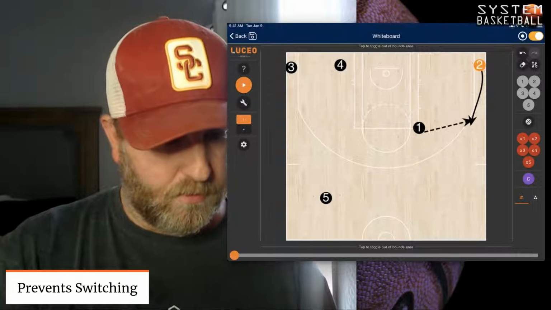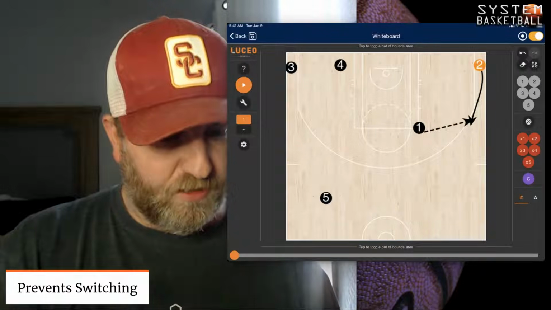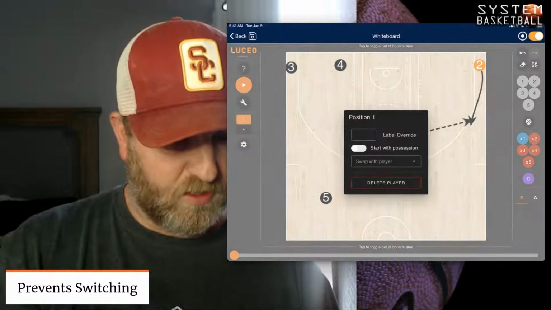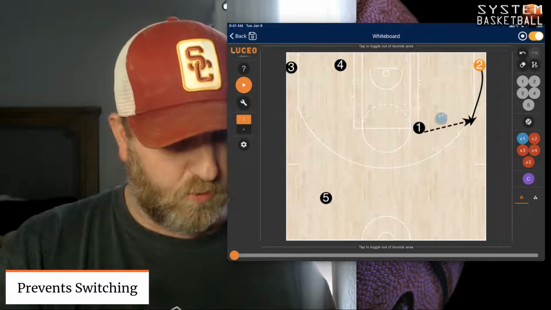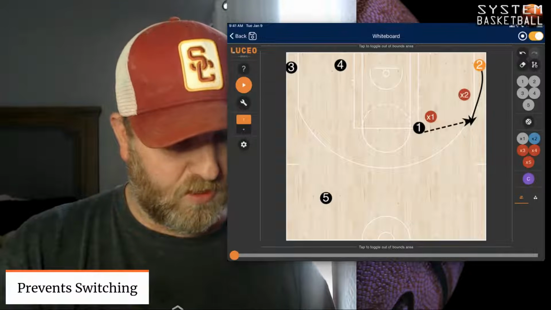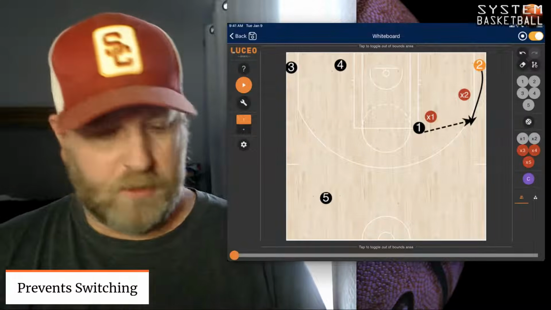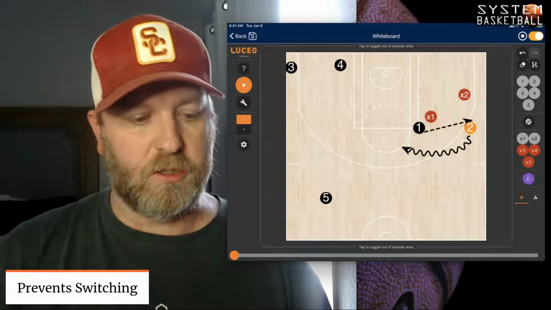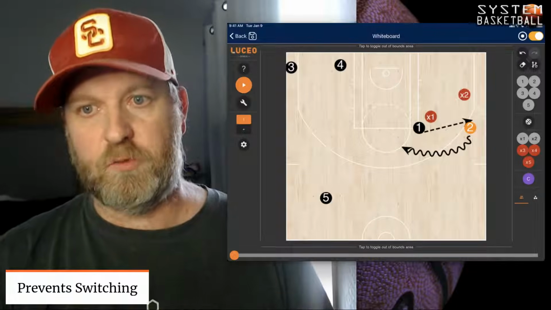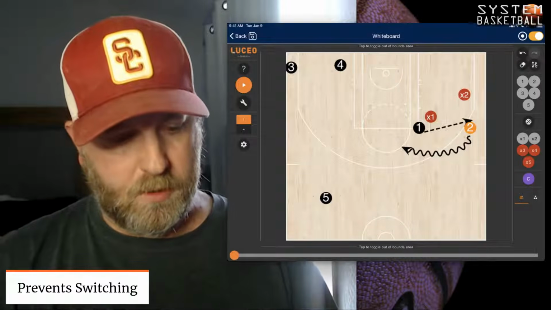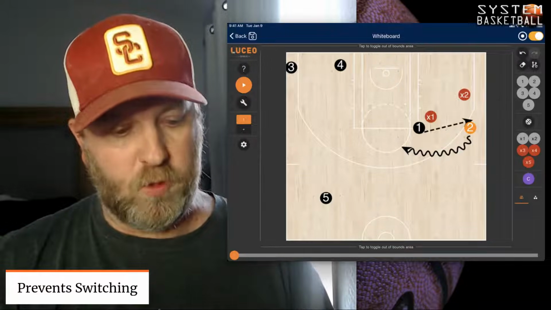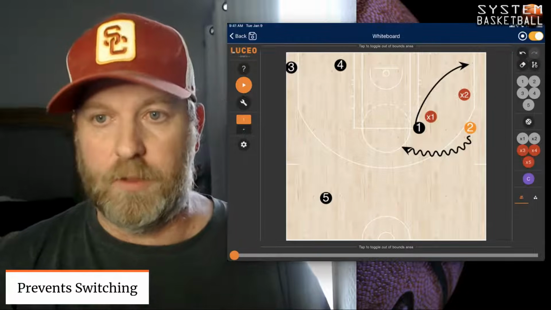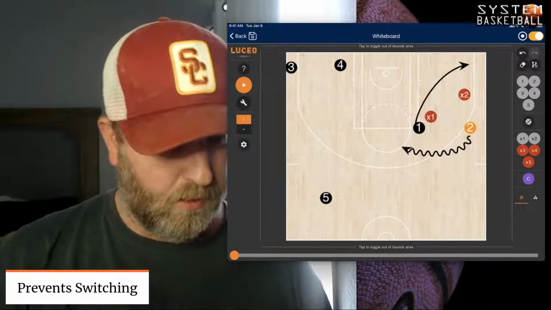So if we put defensive players out here, X1 there, X2 there, you can see when they turn the corner how it'd be easier for X1 to switch this. Because they're probably going to dribble right at one. One would fill this corner, and two would probably be coming at this angle at them. So that's an easy switch.